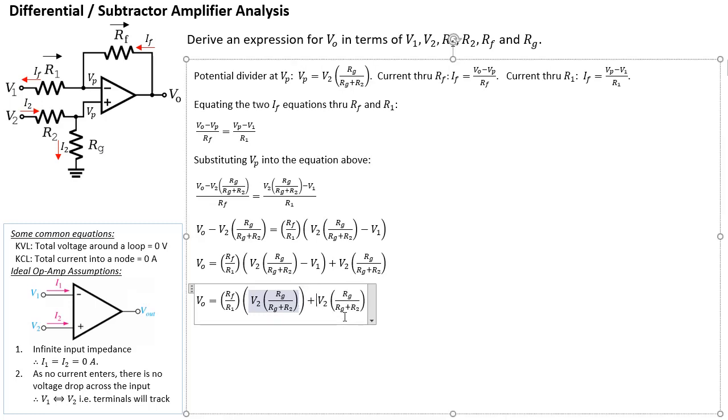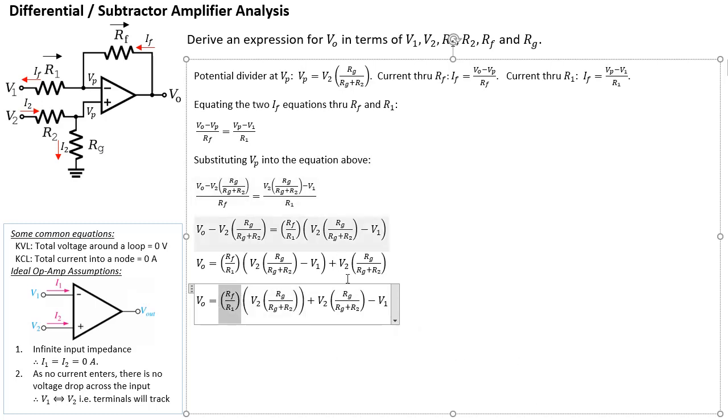And then there is a minus. Okay, I'm going to put that minus, this RF over R1 times negative V1 here, at the back. So minus, it will be this term here multiplied by V1.